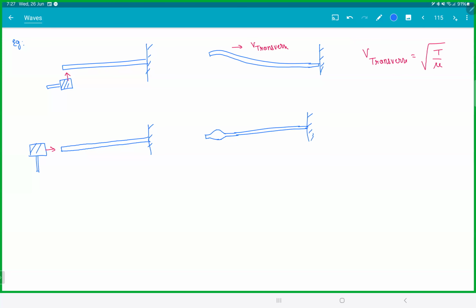How is the bulge traveling? It's compression and going. I showed you that slinky. So in this one, the displacement is up and down. Here the displacement is right and left. So this is V longitudinal. That means on the same rod, depending on how you are hitting, I can generate both types of waves.